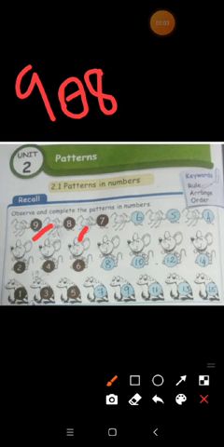Here we want to know the difference between the first two numbers, 9 and 8. 9 minus 8 is 1. Now we want to check whether we add 1 or subtract 1 from 9 to get the number 8.